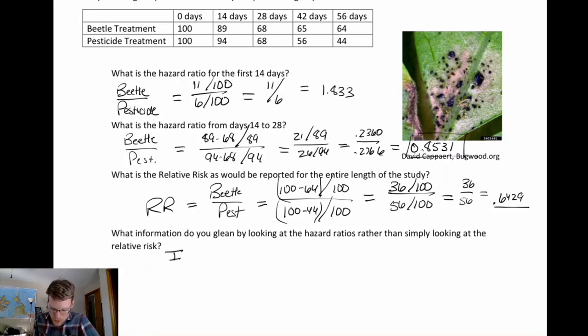And I say might, by the way, because if we remember, this is only sample data, these are estimates of what's truly going on if we had an infinite number of plants in both groups. So we're saying that our estimate here is that the pesticide group might be doing better for the first 14 or so days.